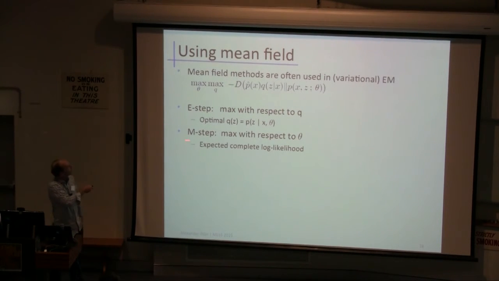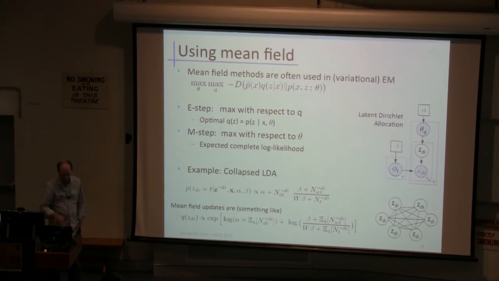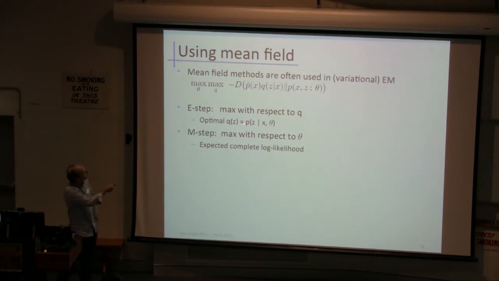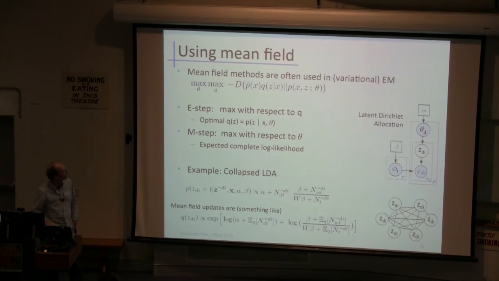EM just alternates between these two steps: fitting a distribution over the hidden variables, and then maximizing an expected complete log likelihood. So if this distribution of Z is too complex, we can substitute some simpler Q of Z, like a product, a mean field approximation.